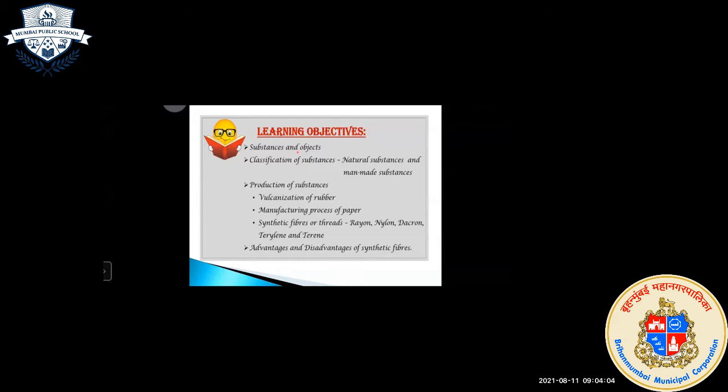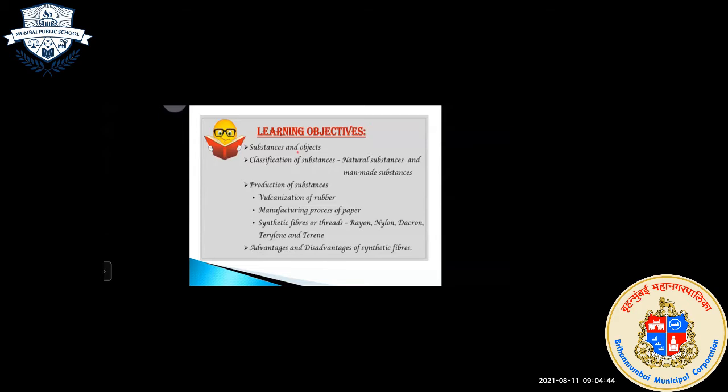We are going to learn substances and objects, then classification of substances, that is natural substances and man-made substances, and then production of substances, how the different substances are produced, what process is followed, that is vulcanization of rubber, manufacturing process of paper, synthetic fibers or threads, that is rayon, nylon, dacron, terylene and terene.